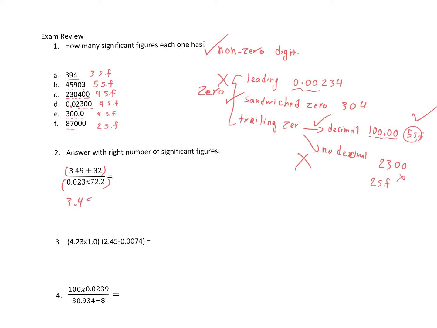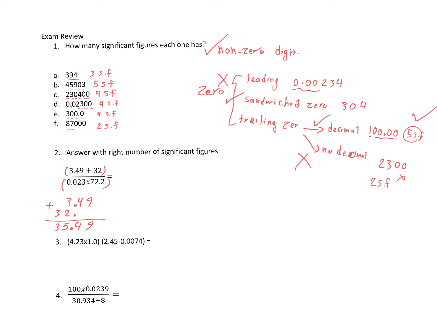So 3.49 plus 32, decimal place under decimal place. There's nothing after the decimal place, so it's 2 and 3, and that's addition. So it's 9, 4, decimal place, 5, and 3. Okay.